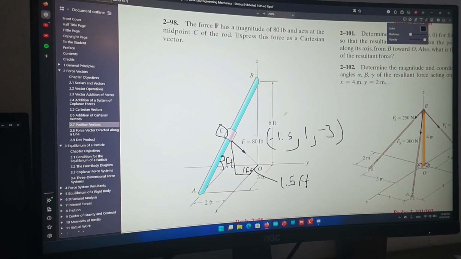Now, since you found the coordinates of the position vector from C to O, you will multiply the unit vector of this by the force.